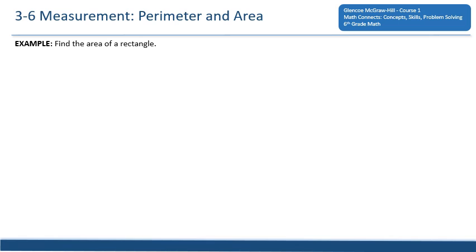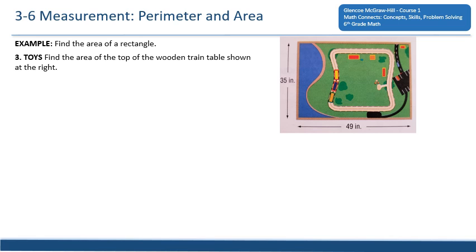Find the area of a rectangle. Find the area of the top of the wooden train table shown at right. Area of a rectangle, area equals length times width. So we're going to replace the L with 49 and the W with 35.